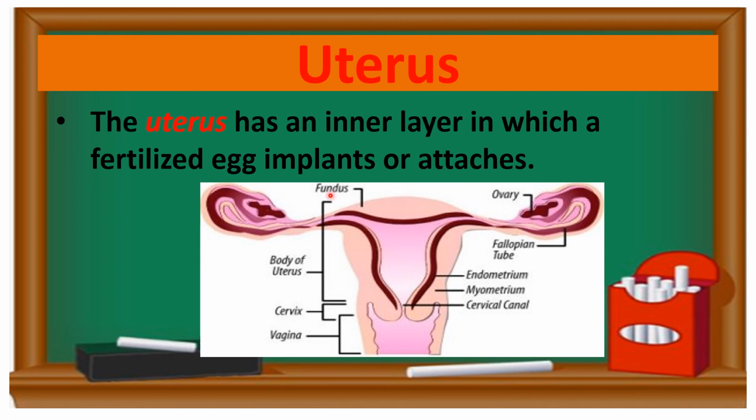You have here the fundus of your uterus, here the body of your uterus, and your endometrium and your myometrium. These are the parts of your uterus. It is where the baby is implanted, or where the baby will be attached and grow.